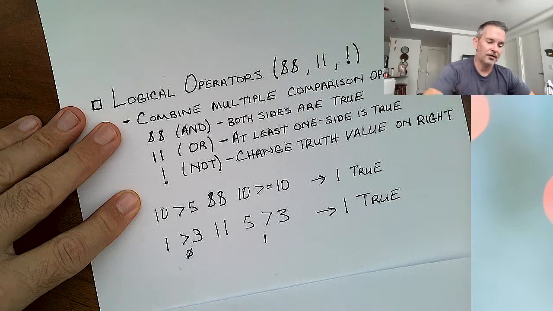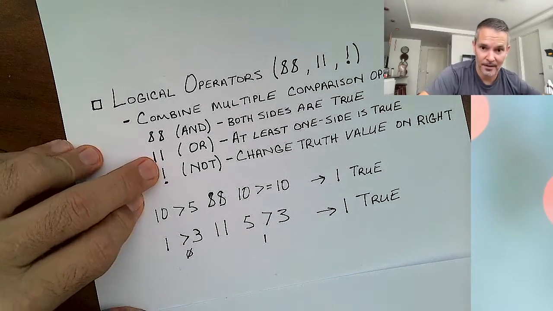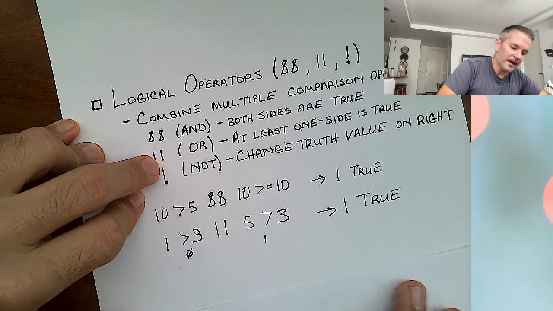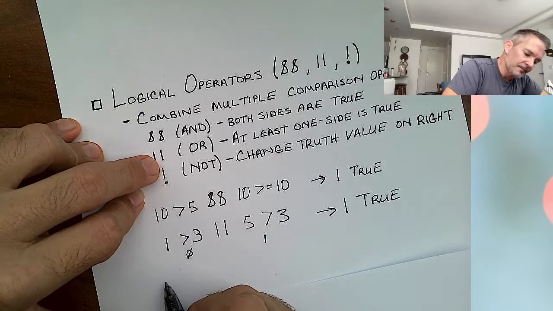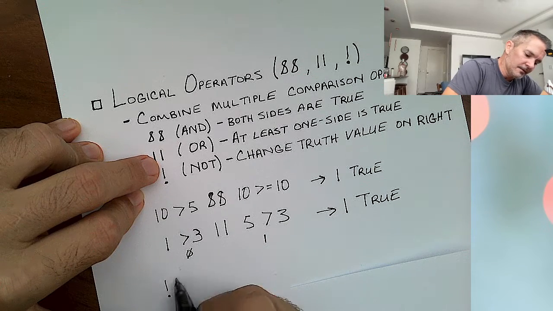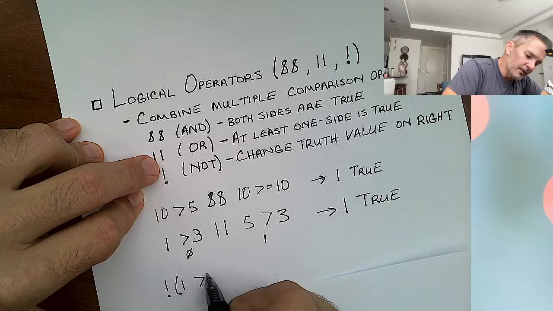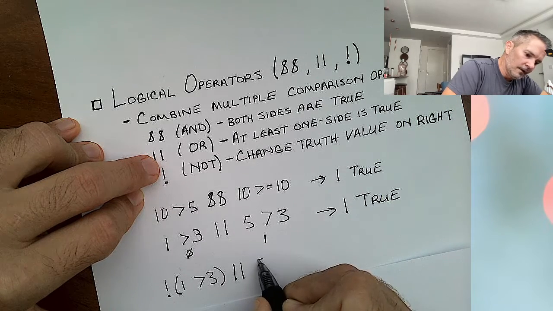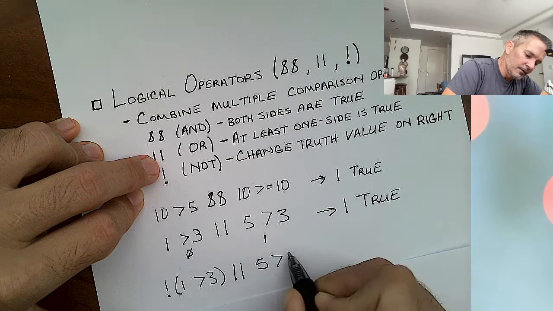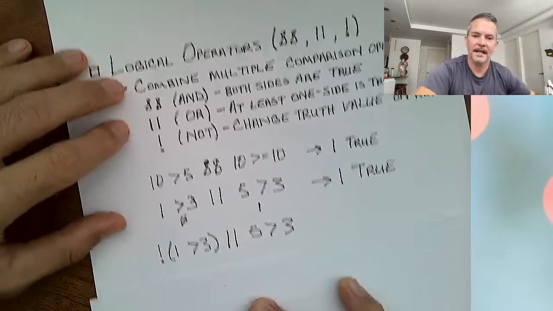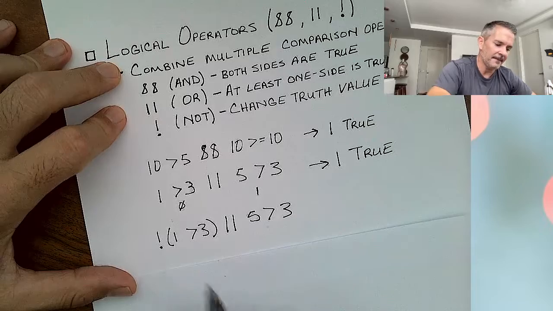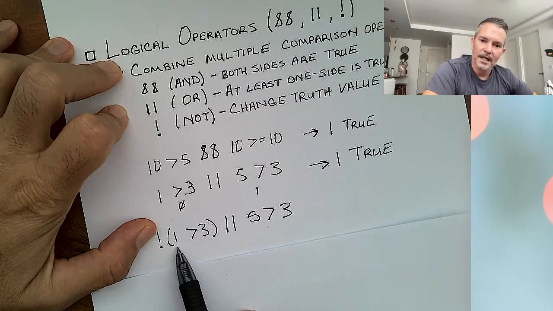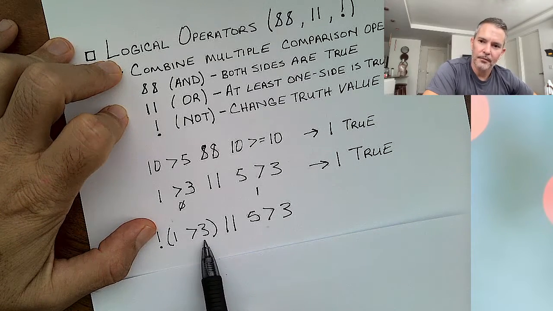All right? So let's take a look at the NOT, okay? We could write the following expression: NOT 1 is greater than 3, or 5 is greater than 3. So what am I saying in this expression? I'm saying, is 1 greater than 3?